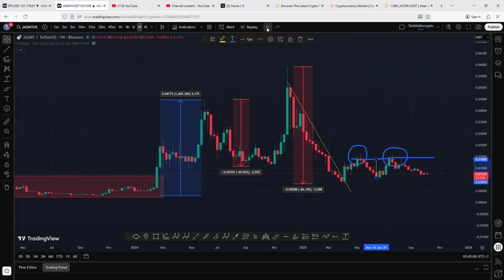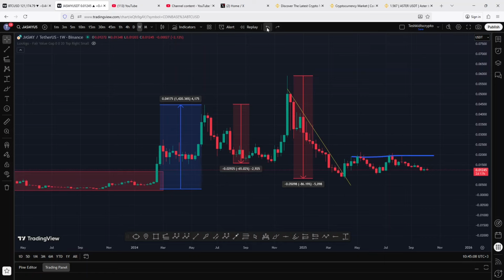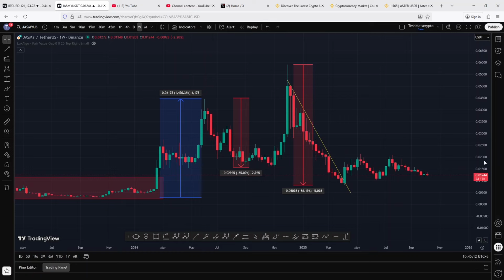And another thing to highlight here on the weekly chart is that in case we get a reversal and maybe also continue holding within other key areas of supports on the lower time frames, there's a chance of a reversal breaking above this key area of resistance.